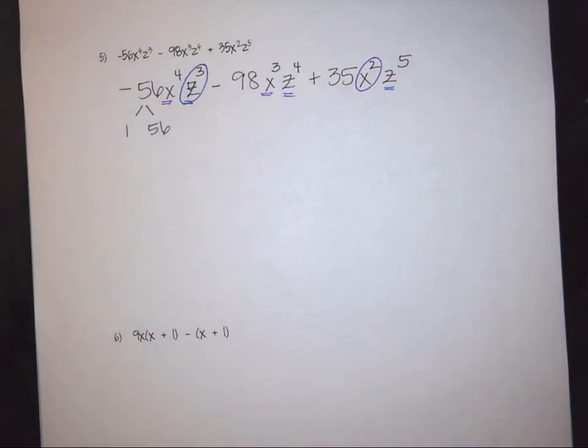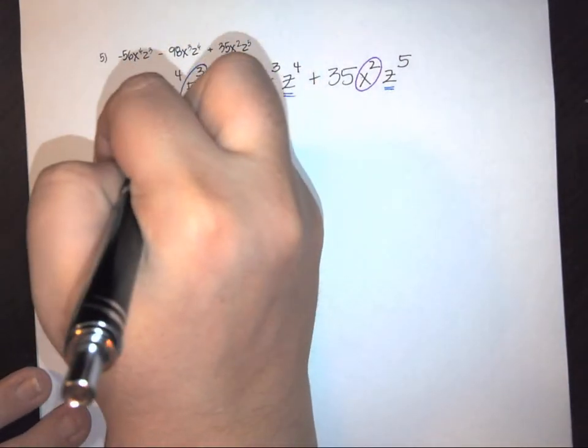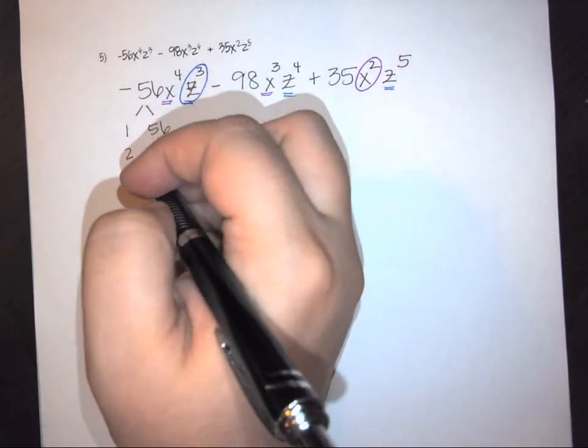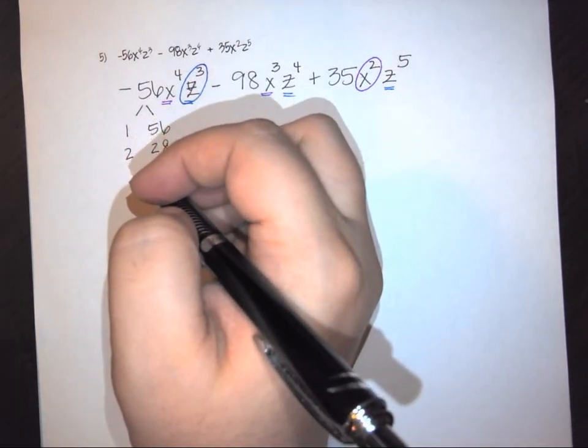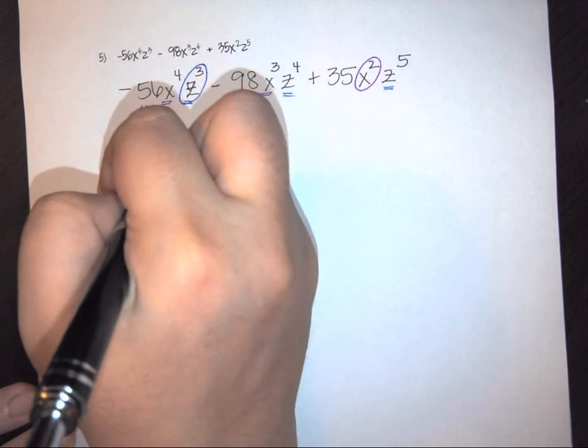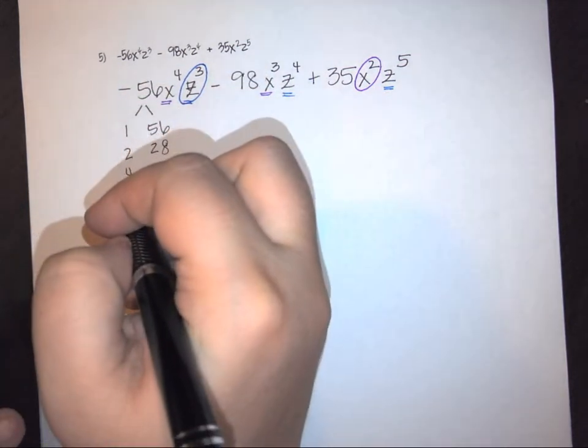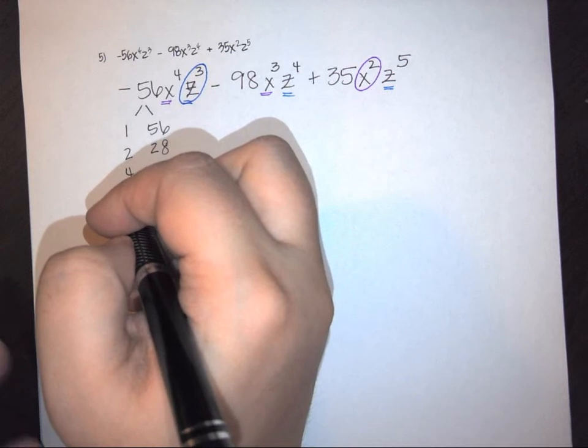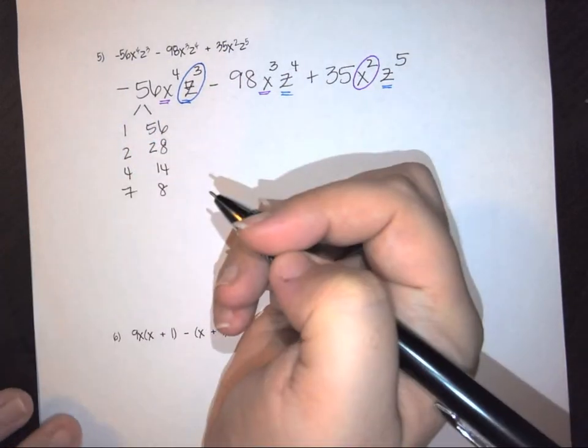I then have 2 and 28, 4 and 14, and then I have 7 and 8.